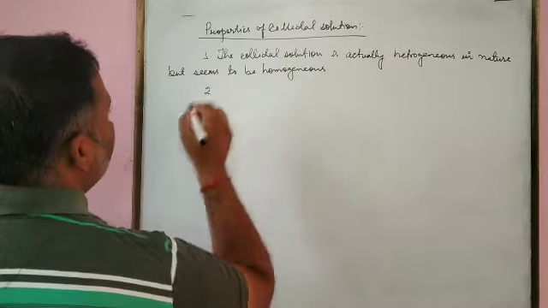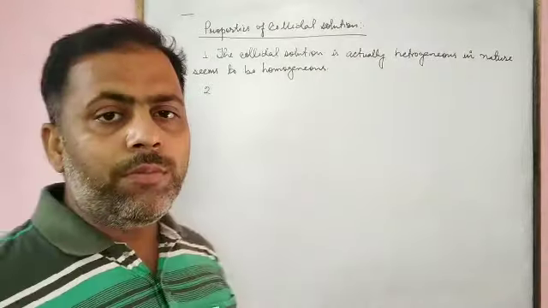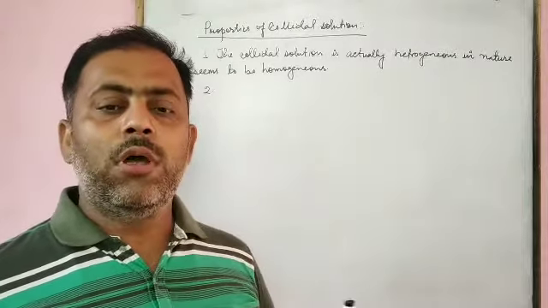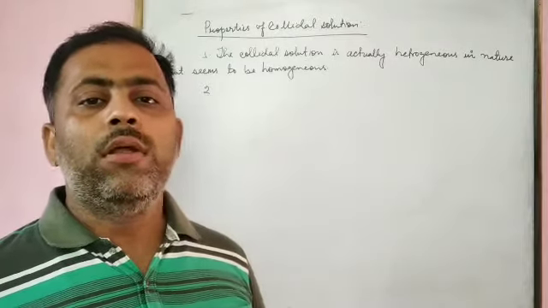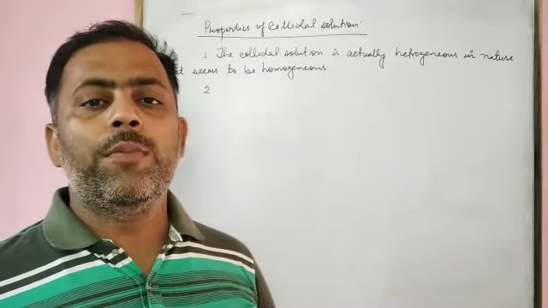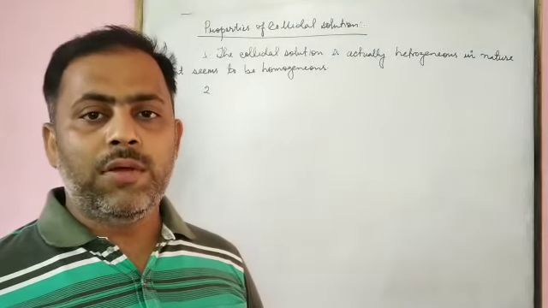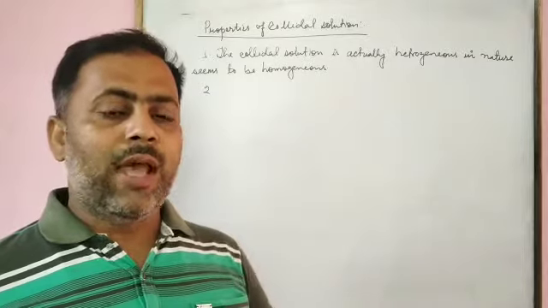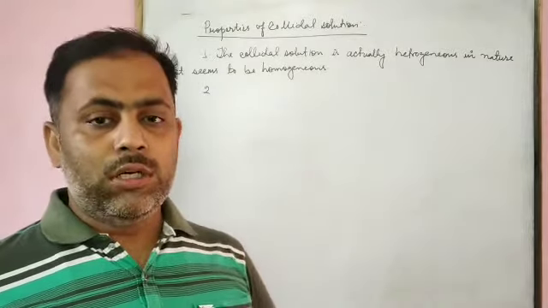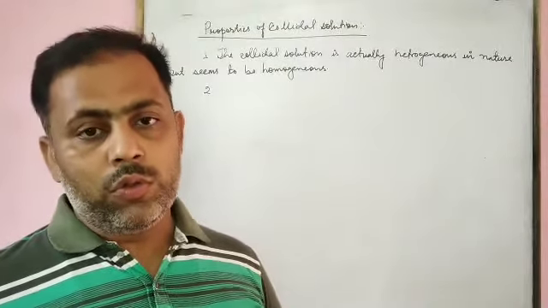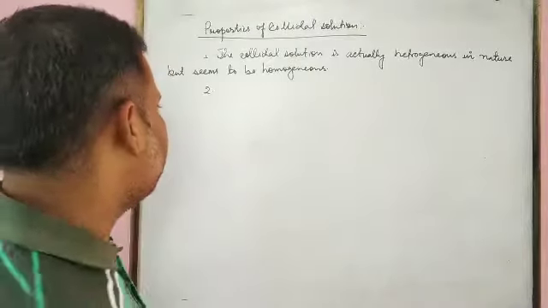The next is that, as I have explained to you, the size of the solute of colloidal particle ranges between 10 to the power minus 9 meter to 10 to the power minus 7 meter. That is, the size of the solute is intermediate between the true and suspension solution.